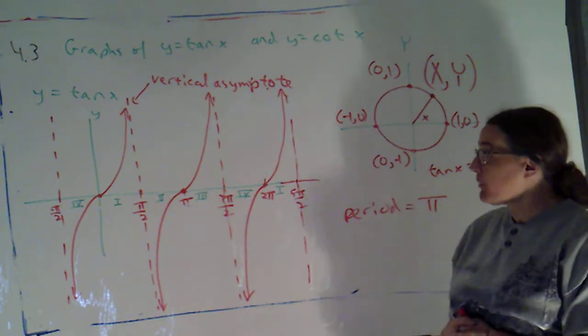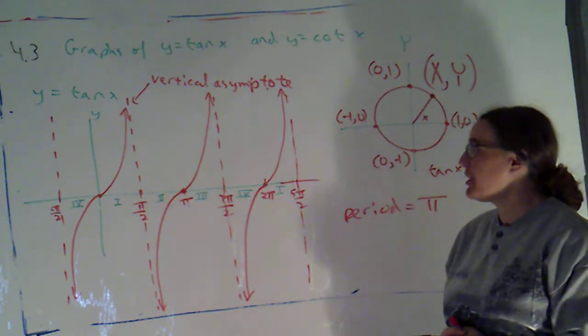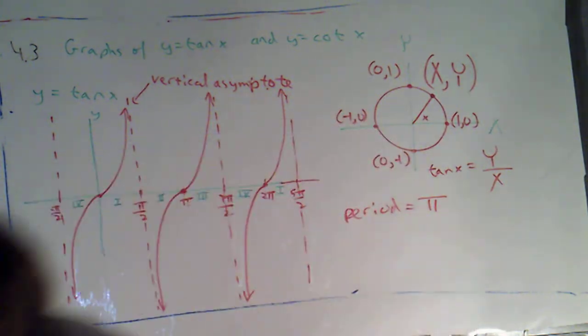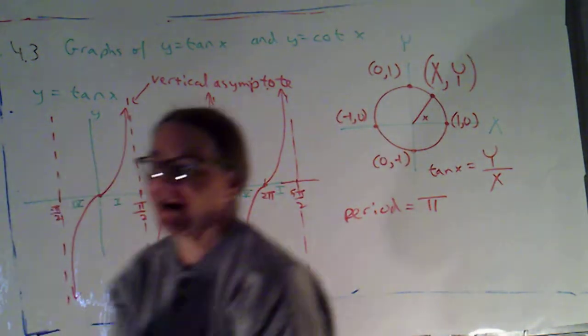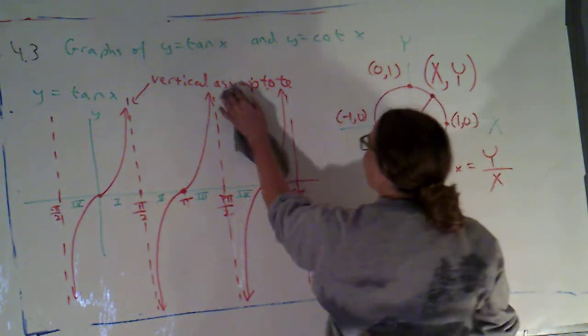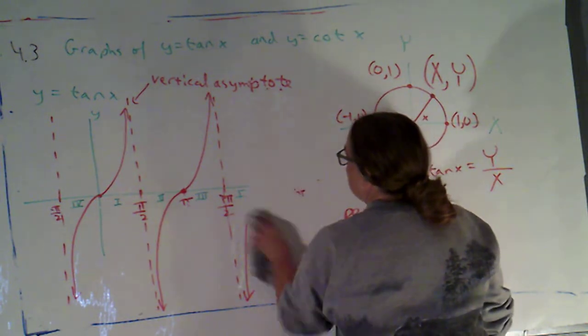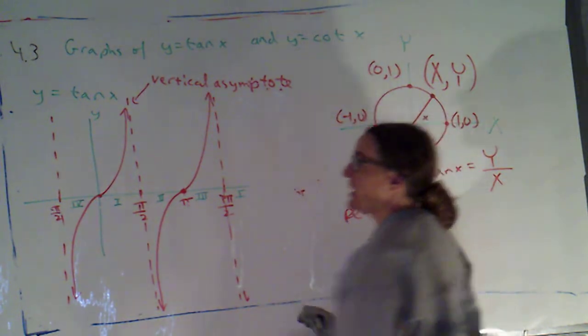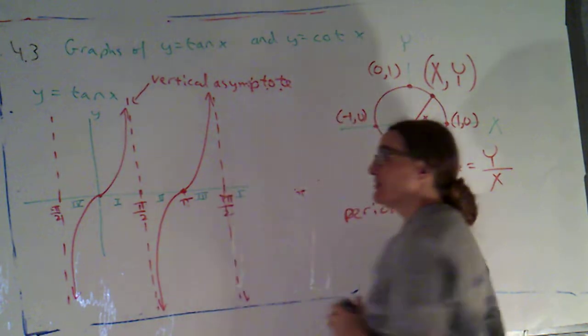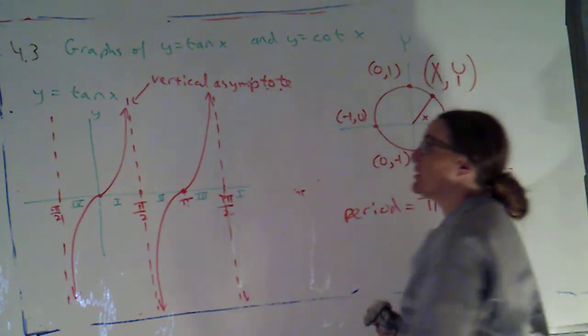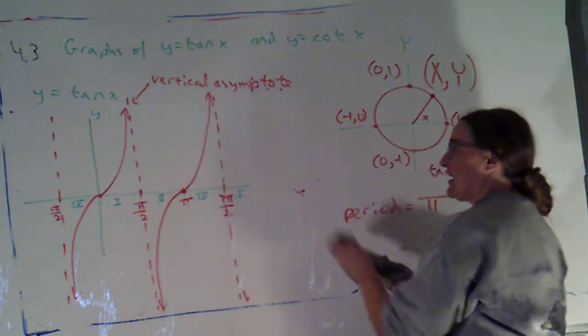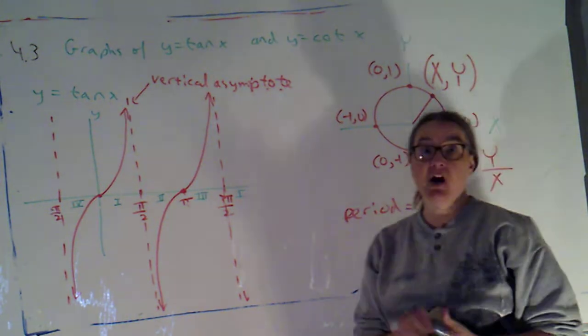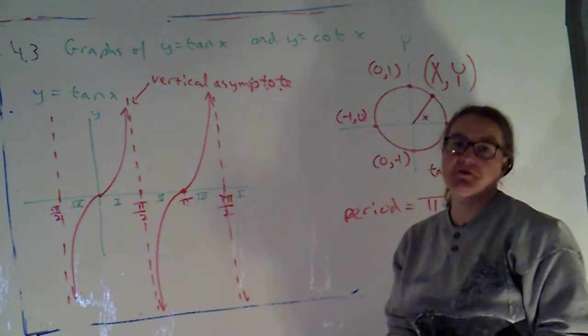In which case, my graph is too much. I've graphed 3 periods. If the directions had said to graph just 2 periods, then I'd maybe start at negative pi over 2 and go to 3 pi over 2. Or I could have started at pi over 2 and gone to 5 pi over 2. I can pick which 2 I'm going to draw, but I want to make sure that I follow those directions.